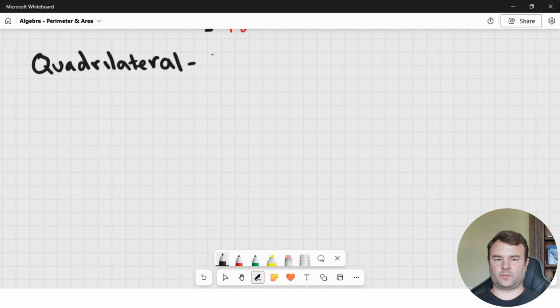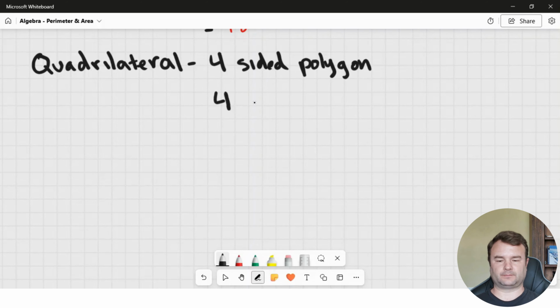A quadrilateral is a four-sided polygon, such that it has four edges or sides and four corners.